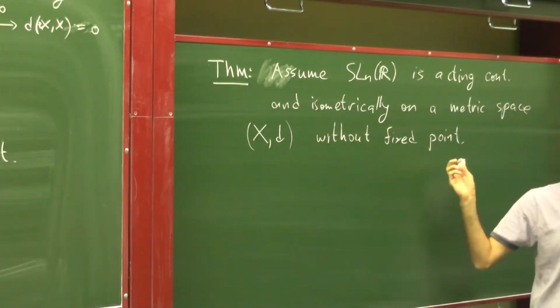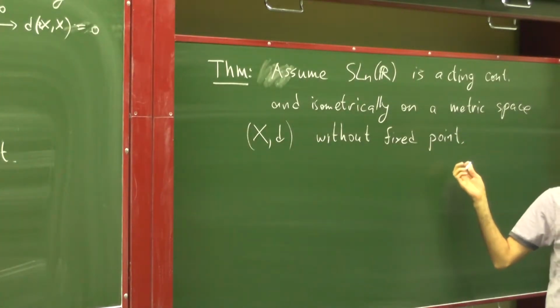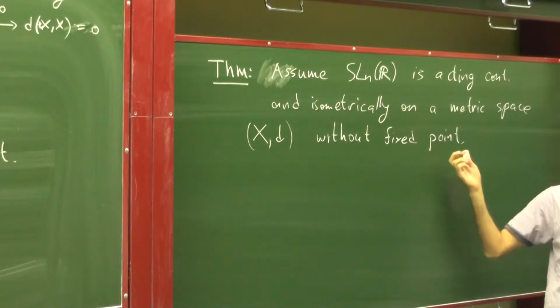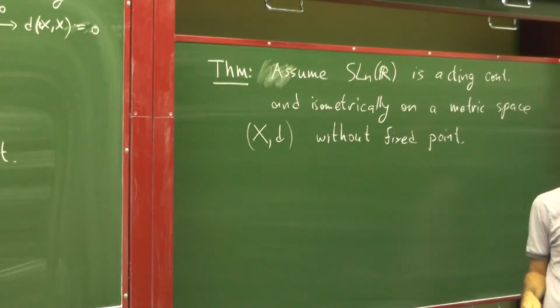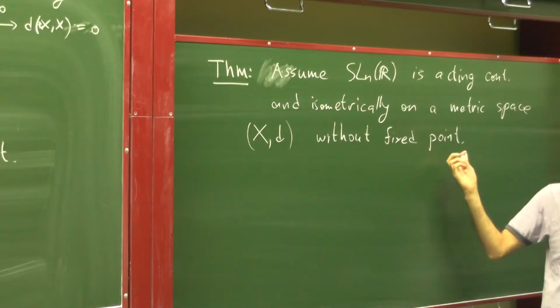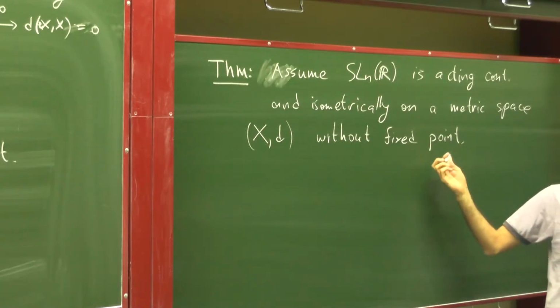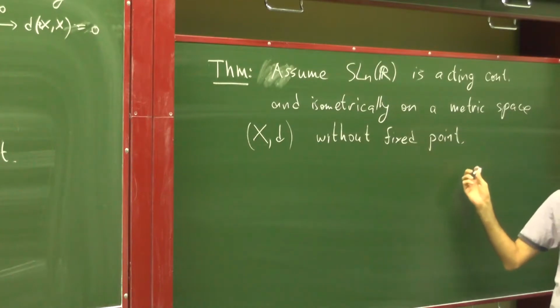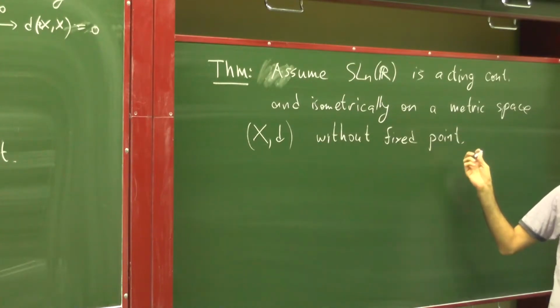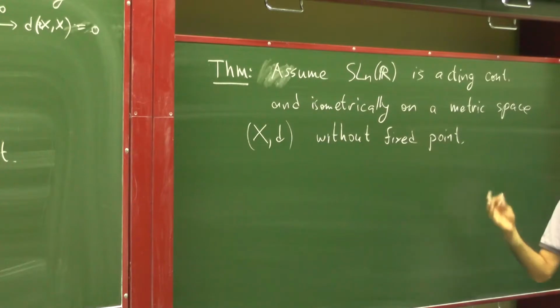This is not really a loss of generality, because whenever you have an action on a metric space, I can just throw away the fixed points and take the remainder of the metric space and consider that action. So what I'm about to write down will tell me about the structure of every isometric action of this group SL_n(R).